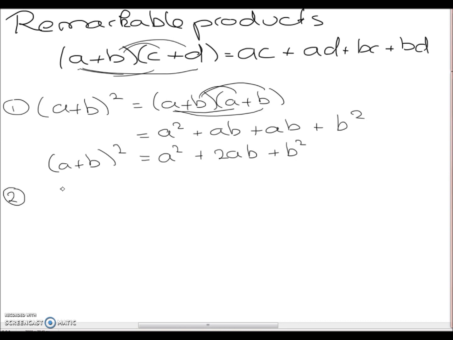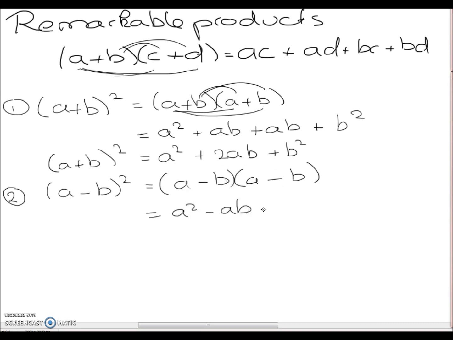The second one is quite similar. That's not (A plus B) squared but (A minus B) squared. Again, writing it out, (A minus B) times (A minus B) is A times A, A times negative B, negative B times A, negative B times negative B is plus B squared, because if I square a negative number, it becomes positive.